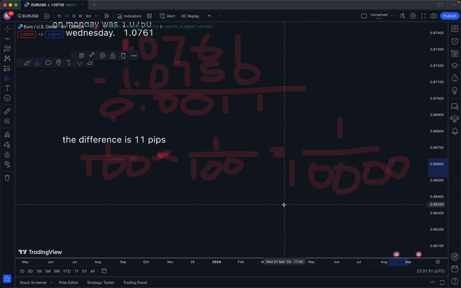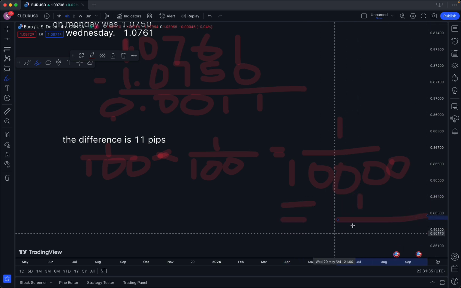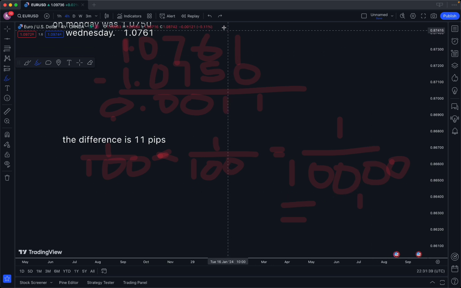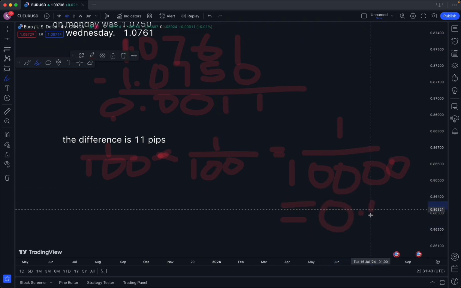And this 1 over 10,000 is the same as 0.0001.